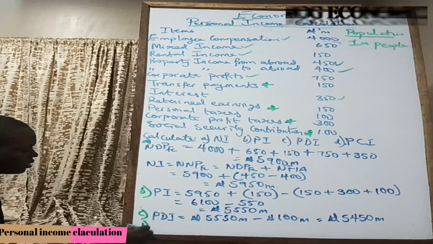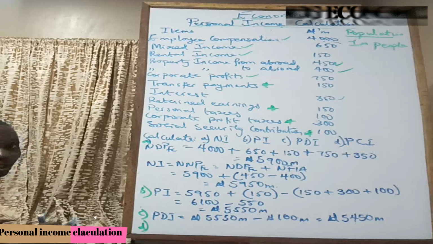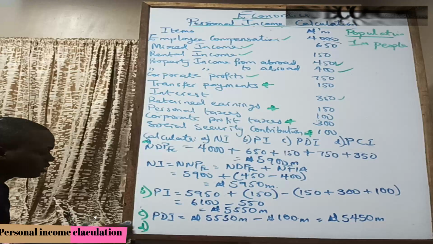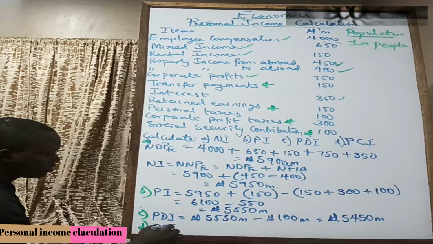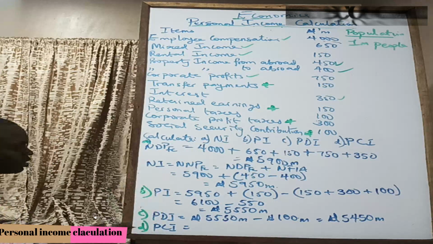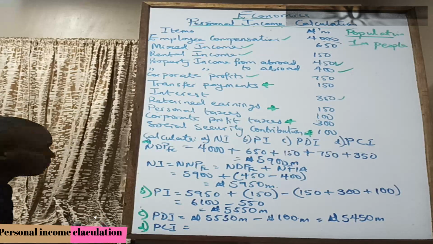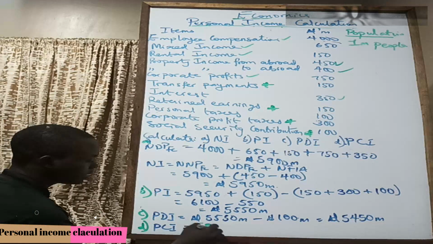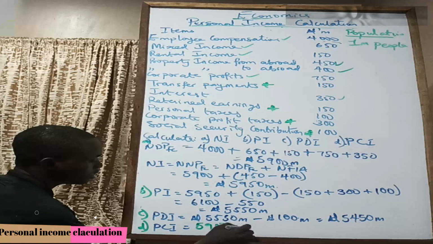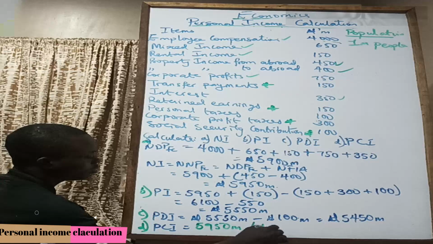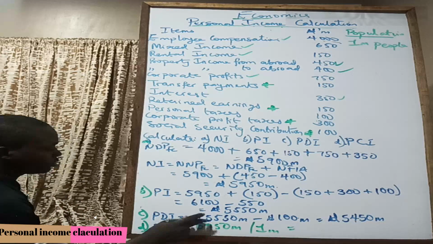Then the last one says, what's the PCI? That's per capita income. So PCI is per capita income, which is the national income that we got here, 5,950. Just put it in this marker. So you have 5,950 million divided by 1 million people.